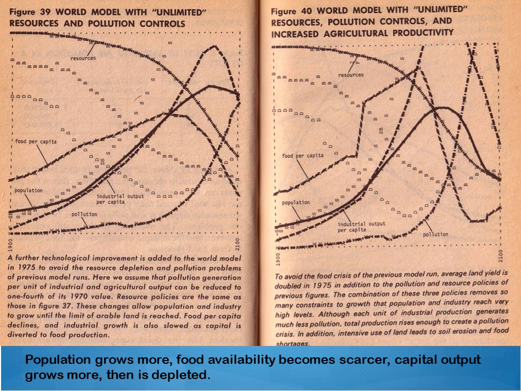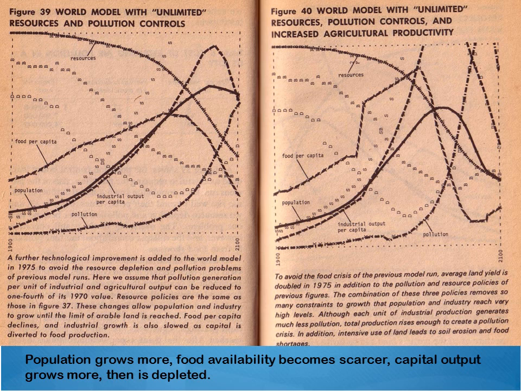And then as you consume these resources, it becomes harder to produce industrial capital output, and eventually things go down. And pollution eventually, I mean, the fact that it's controlled doesn't mean it doesn't happen. It will occur, but it'll just occur much slower.